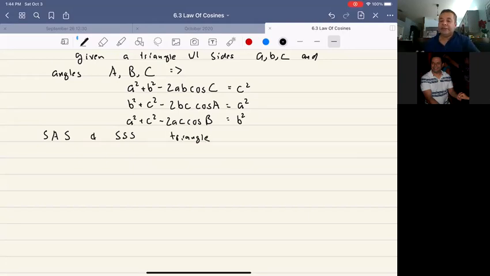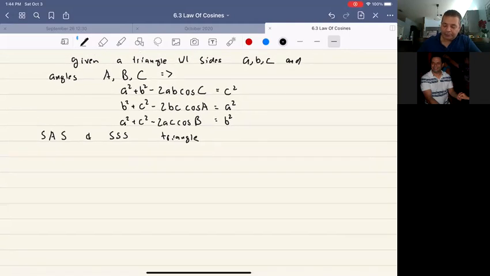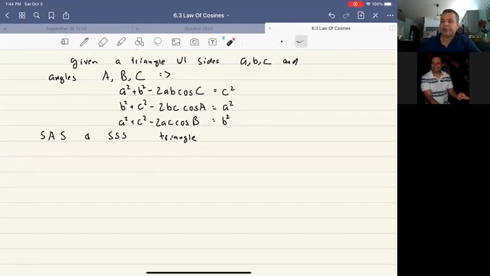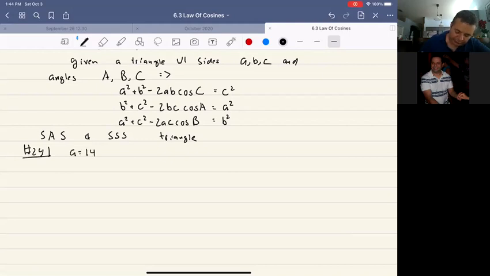Side-angle-side is where we have the angle between the two sides. Let's take an example, example number 24. We're given A equals 14, B equals 10, and angle C equals 75 degrees.